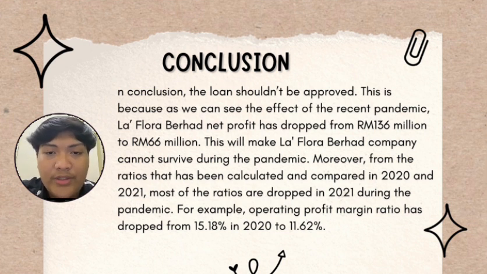Moreover, from the ratios that have been calculated and compared in 2020 and 2021, most of the ratios dropped in 2021 during the pandemic. For example, the operating profit margin ratio has dropped from 15.18% in 2020 to 11.62%. This indicates that the firm is not earning enough money from business operations to pay for all the associated costs involved in maintaining the business.